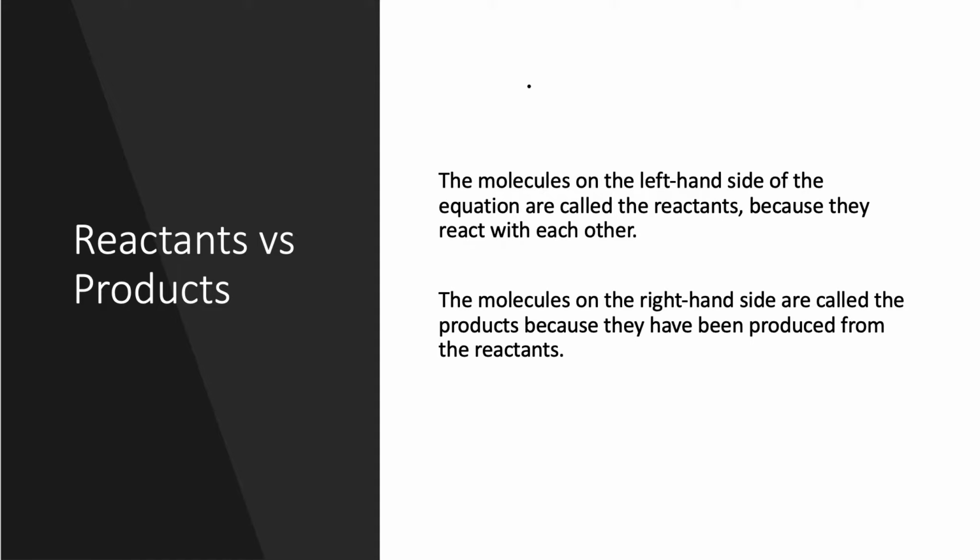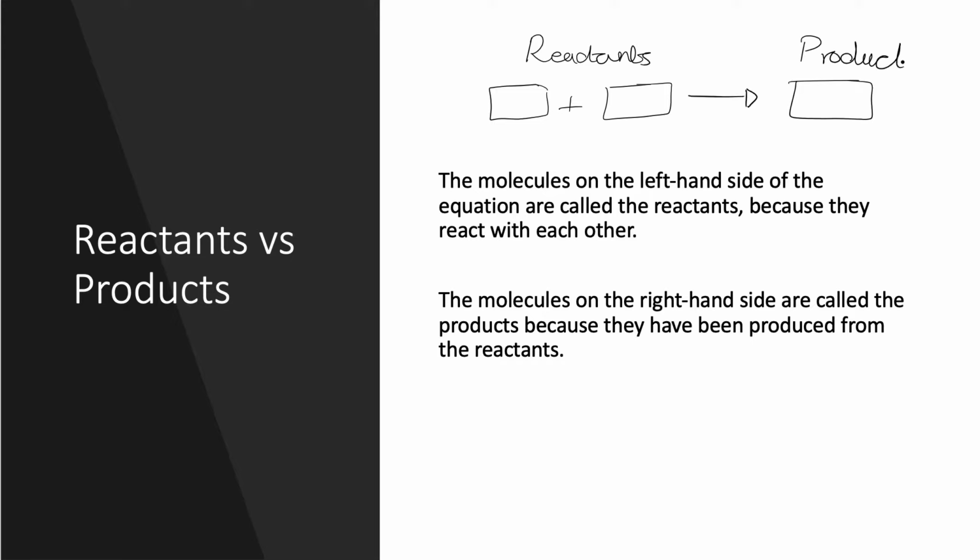So we have two elements over here reacting with each other, and these are the reactants, and then these combine, form a chemical equation with each other and form a product, and the product goes on the right hand side.